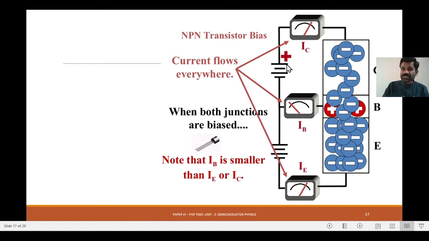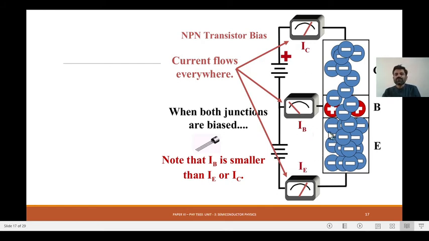The collector base junction has been connected in a reverse biased condition. What do you mean by reverse bias? Positive of a battery is connected to the negative region of a transistor, and negative of a battery is connected to the positive region of a transistor. This loop, or this circuit, is said to be under reverse biased condition.